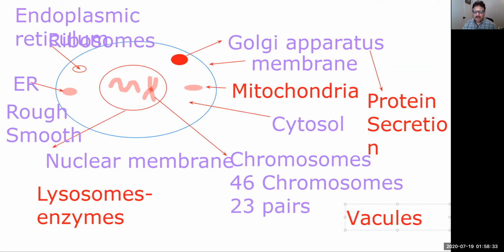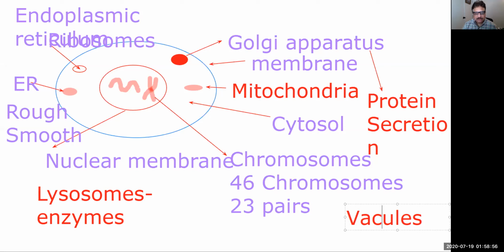Vacuoles are sac-like organelles that help in throwing out the waste material. They also sometimes contain water to help the single cell eukaryote survive under high temperature. So they help in hydration, maintaining osmotic pressure within the cell.